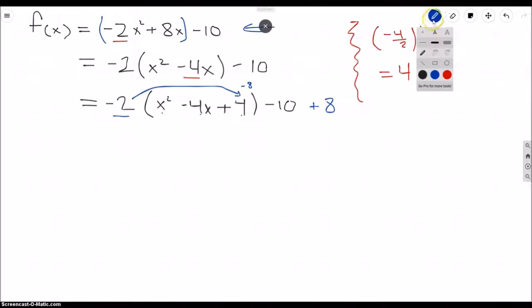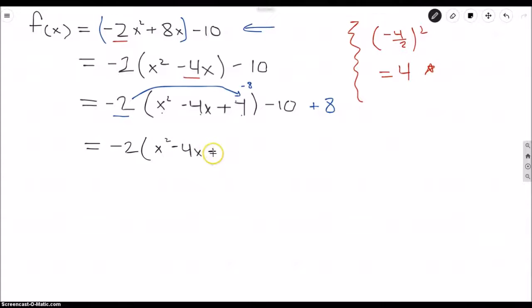So let's continue here. Let's rewrite it, clean it up a little bit. We've got -2 times x squared minus 4x plus 4. -10 plus 8 leaves us with a -2 outside. Now, the very last step is we need to go ahead and factor this. And remember, we created this perfect square trinomial, so when it factors, it should factor into two identical factors.